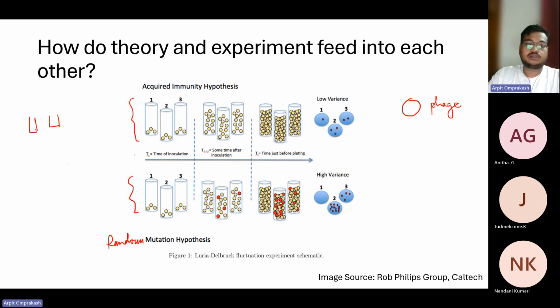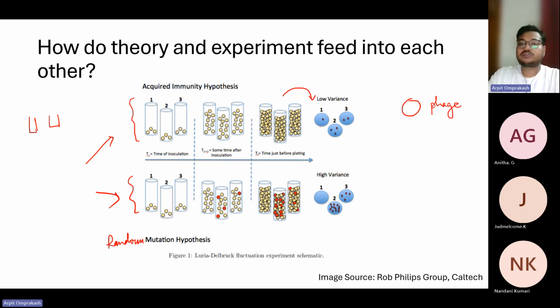So what they did was they had these two different scenarios and they made some mathematical predictions based on the theory. The acquired immunity hypothesis states that once you do the plating from these cultures, after the bacteria comes in contact with the phage, it develops immunity.